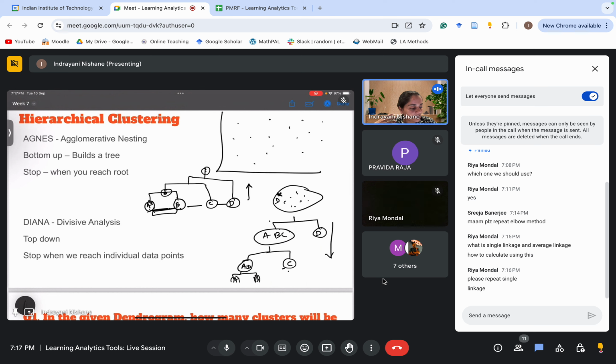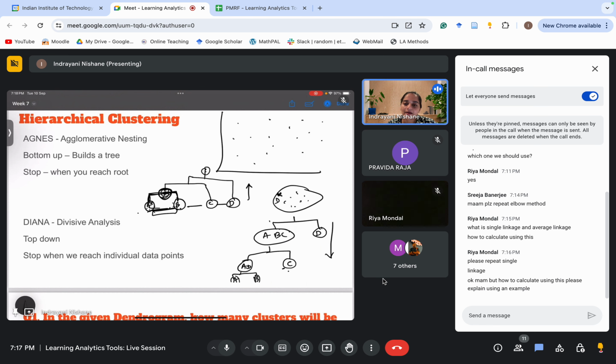So we want to combine these two centroids to create another bigger cluster. So how will we link these data points? Here, can you see the link? Yeah. So how we come up with this new center is by averaging these data points A and B. So the average of A and B will be this new centroid. So that is average linkage.